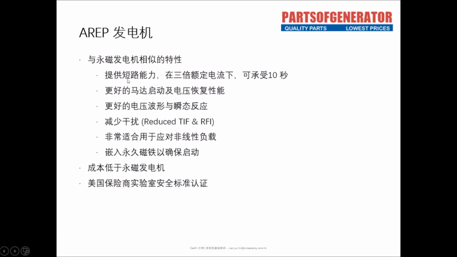The first one is that it has short-circuit capability. That is, if the output current is 3 times the rated current, it can withstand it for 10 seconds, and the voltage will not drop to a very low level and fail to rise back to the rated voltage. This is the so-called short-circuit capability.